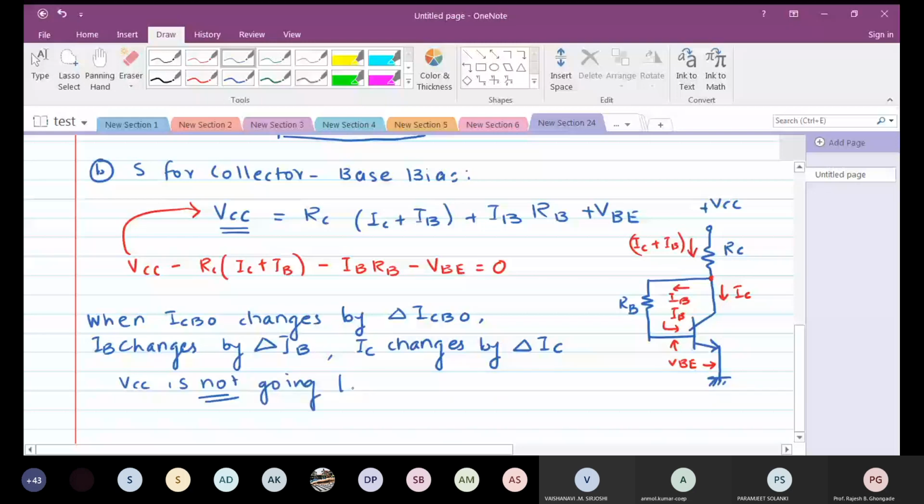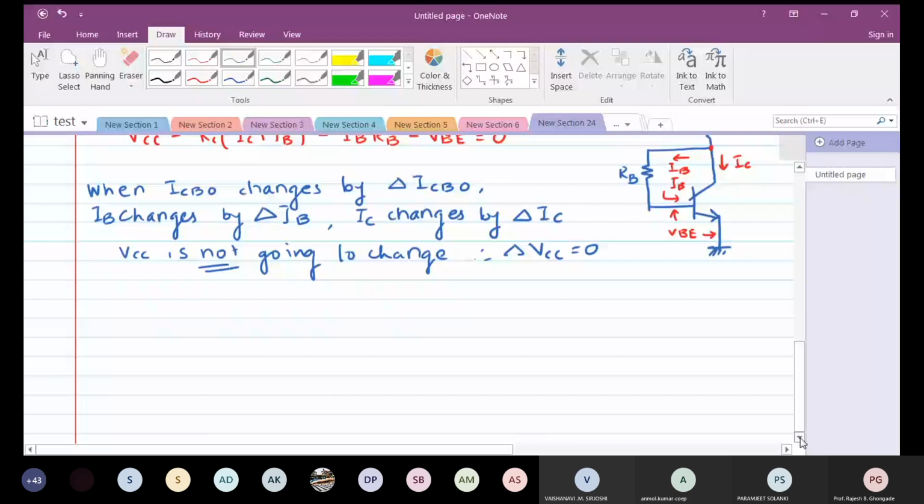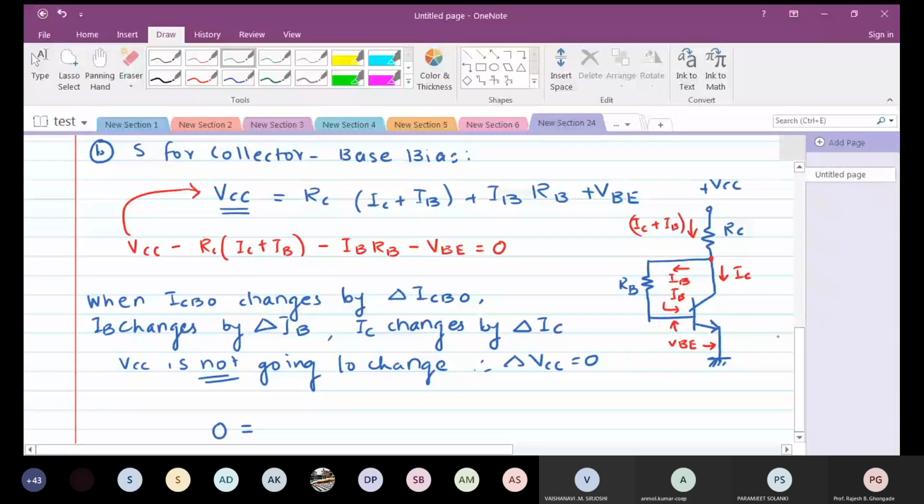Therefore, delta VCC is equal to 0. So if I simply have the changes reflected in this equation, I am going to have 0 on the left hand side, because there is no change in VCC here.